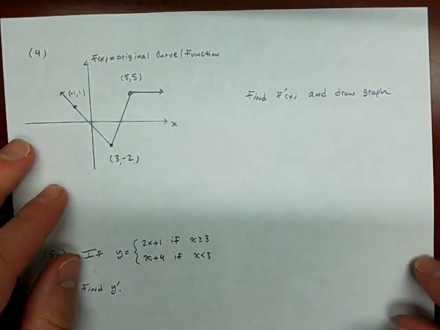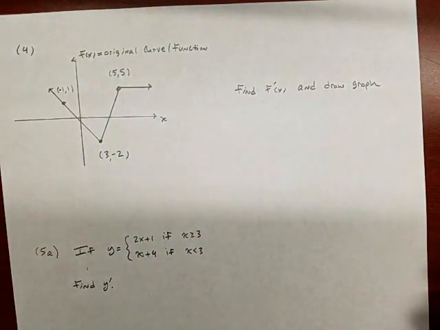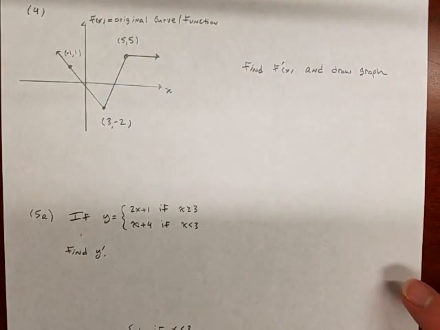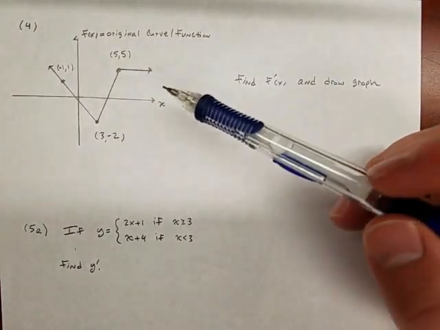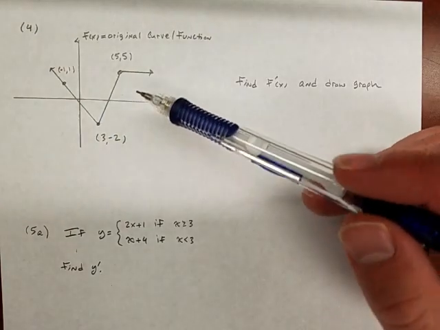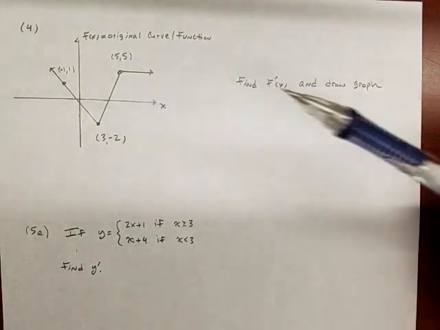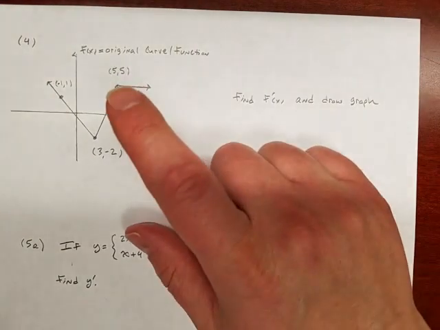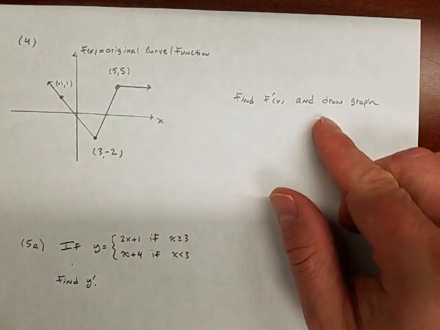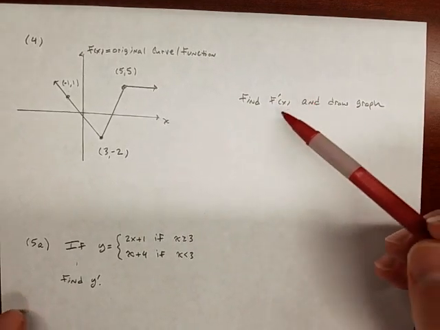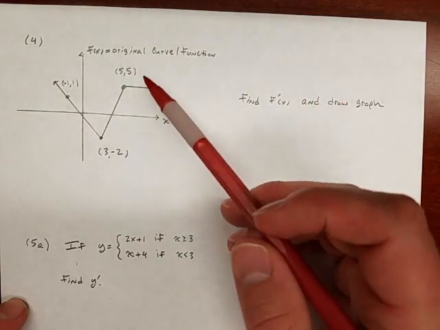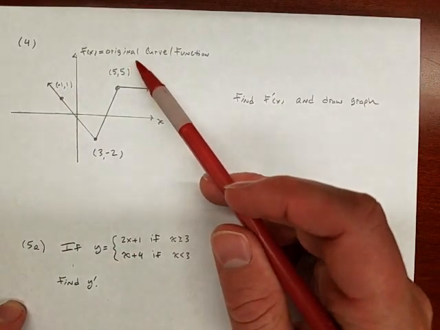Next thing, let's take that to the next level. This would be in Lesson 9, Question 4, and I'm given an original curve or function only by graph. There's no equation for it. Question 4 says, what is f prime, and could you draw the graph of f prime? All those rules that we learned can't work here because I don't even have an equation.